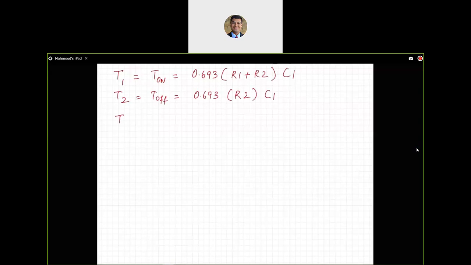What is the period going to be? It's going to be T1 plus T2. What is the frequency of this going to be? 1 over T. What is the duty cycle as a percentage? Duty cycle is defined as what? Percentage of the time period for which the square wave is on.